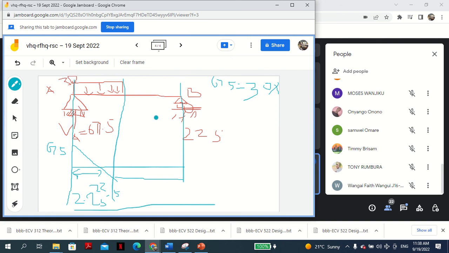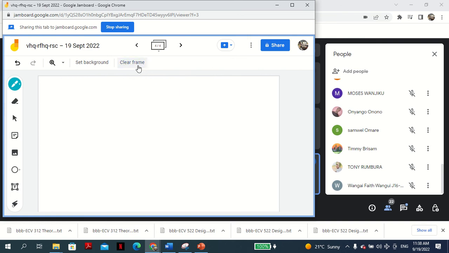Let me clear, because I don't have a lot of leeway. So at the end of the day, you should load the conjugate beam with the bending moment diagram. The bending moment diagram would be something like this. Take care of the salient values.